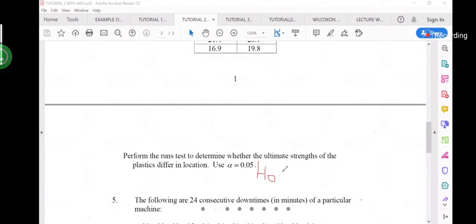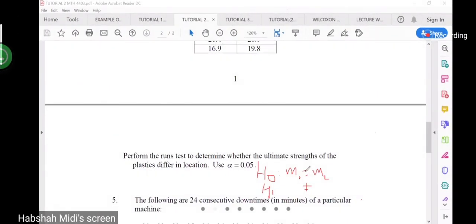The run test can be used to test this hypothesis even though it is less powerful.